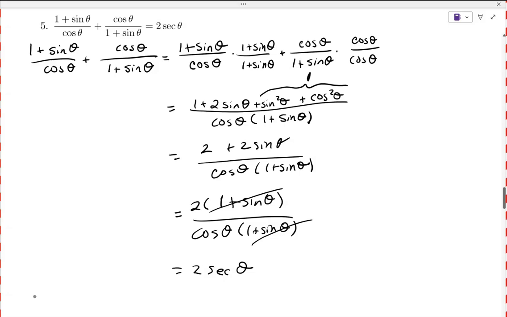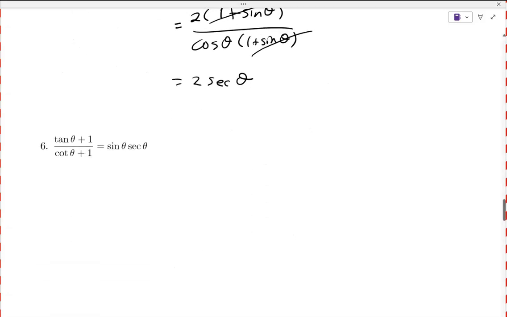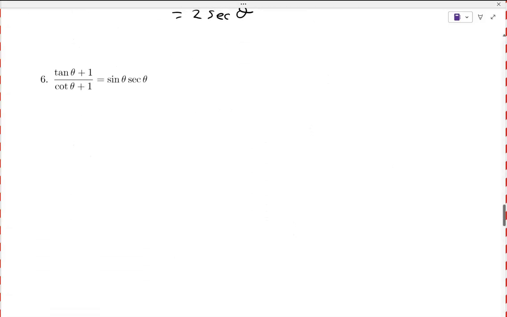Let's look at the next one, see what we got. Ooh, there's a good one. This one is put on here for an example of what I talked about briefly on Wednesday, whatever day it was.